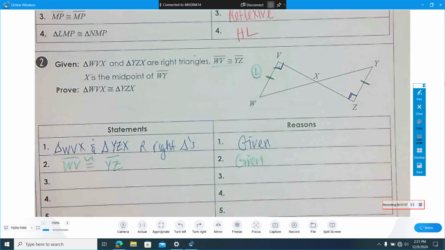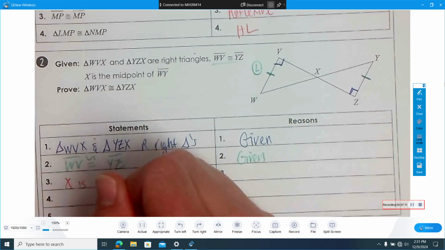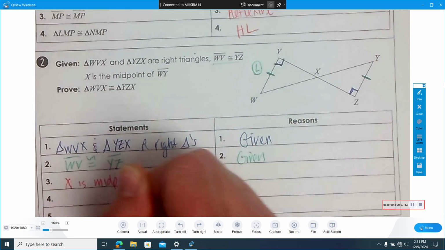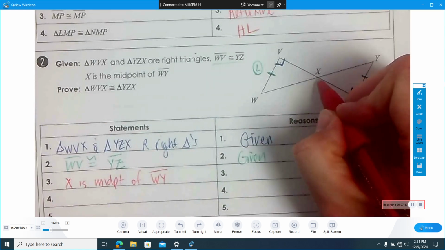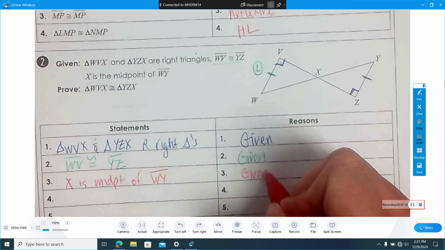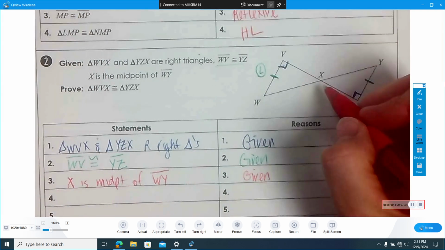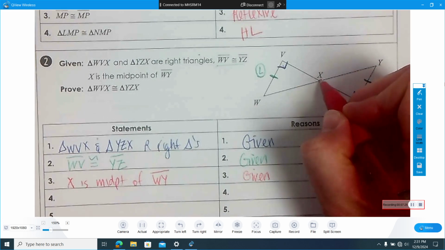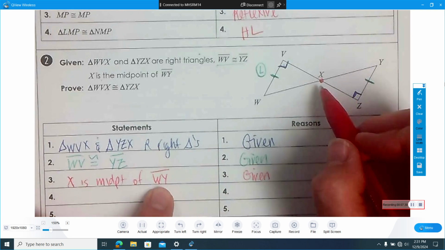All right. Let's see. They also tell us that X is the midpoint of segment WY. So that was also given to me. And I want to mark it on my picture. X is the midpoint, so I make it a nice big point, and I need to know what segment I'm the midpoint of.